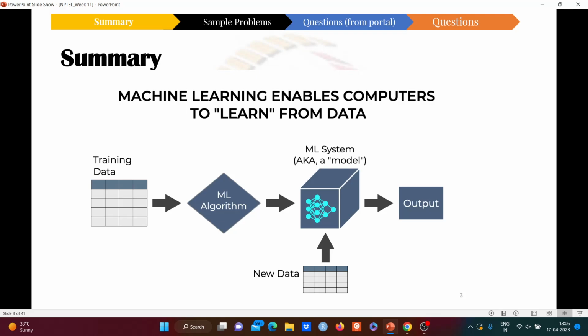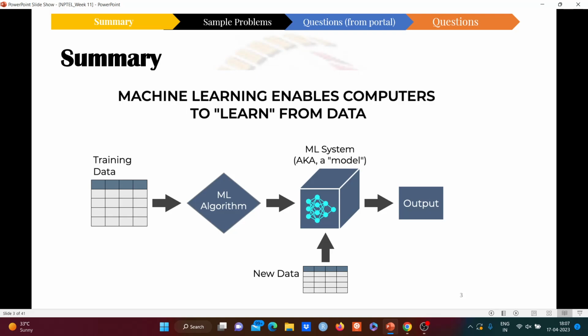What is the difference between traditional programming and machine learning? In traditional programming, a programmer writes code that tells the computer exactly what to do for a specific task. However, in machine learning, the computer learns to perform a task by analyzing and learning from large amounts of previously present data.